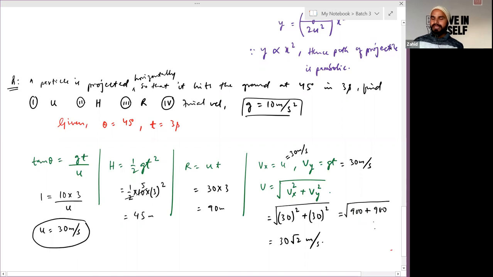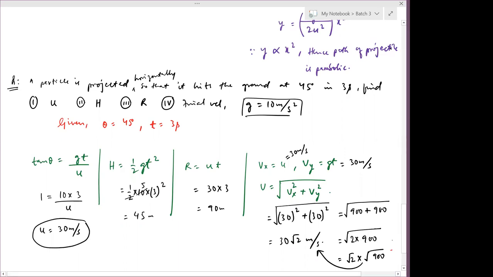So it will be root under 1800, or we may write 1800 as 2 into 900, root under. So we may break it as root 2 into root of 900. That's why I've written this term like this. Is it clear, Muhammad Umar? Yes. Okay.